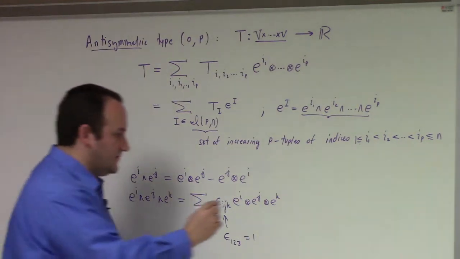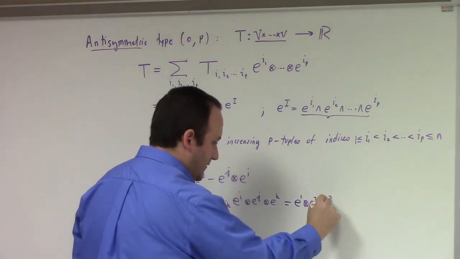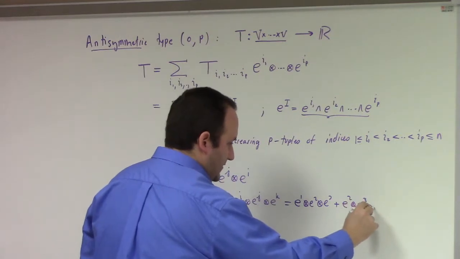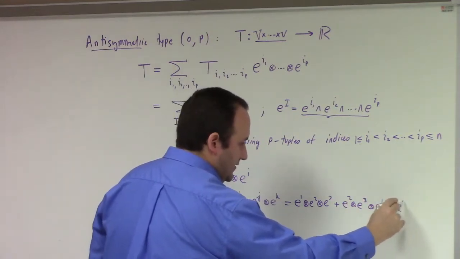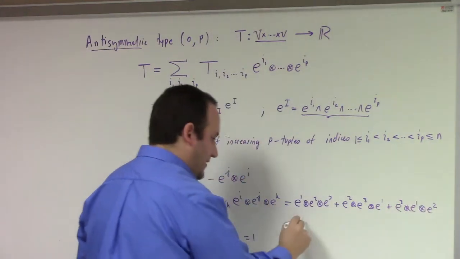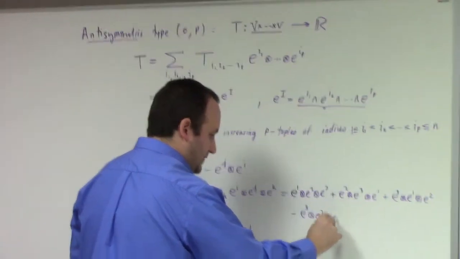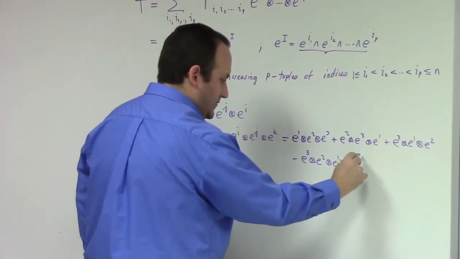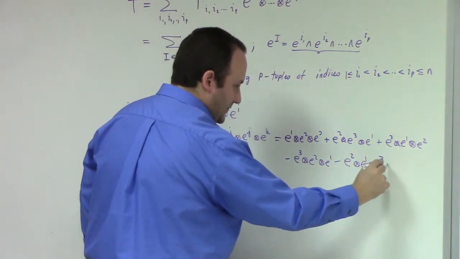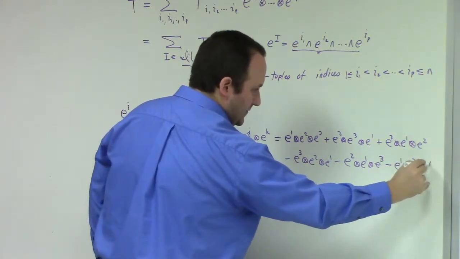So what this works out to is e1 tensor e2 tensor e3, plus e2 tensor e3 tensor e1, plus e3 tensor e1 tensor e2, and then minus the so-called anti-cyclic permutations, e3 tensor e2 tensor e1 minus e2 tensor e1 tensor e3 minus e1 tensor e3 tensor e2.